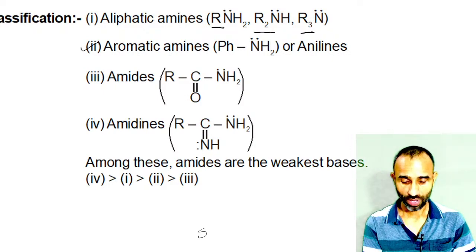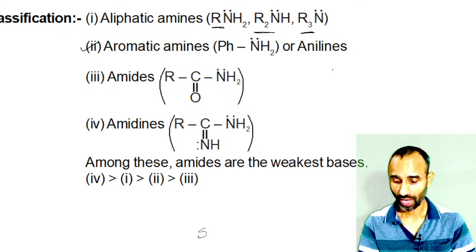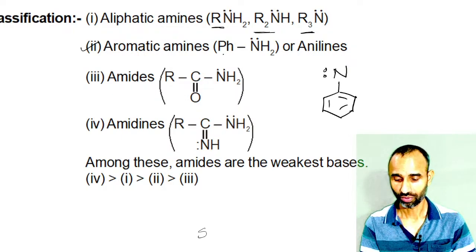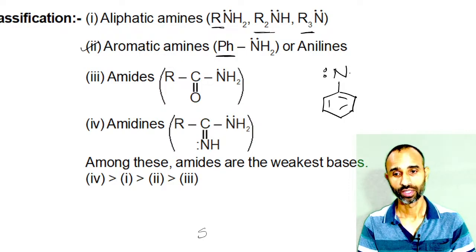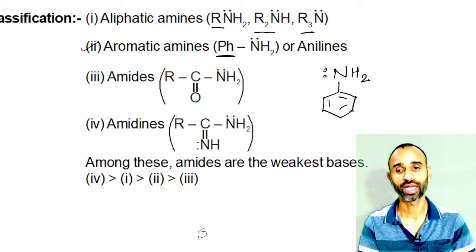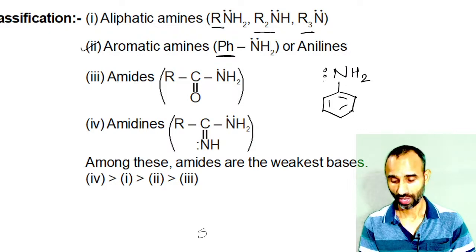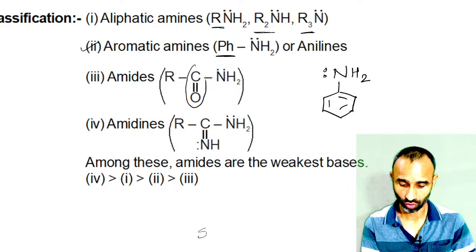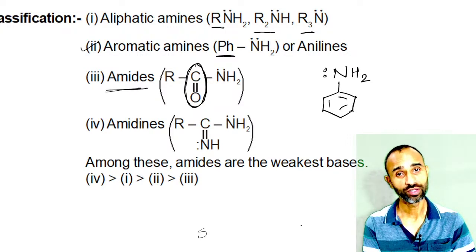Now aromatic amines, if nitrogen of the amine is directly attached to the ring, Ph means phenyl group, so that is called aniline. If NH2 is attached to CO group first and then alkyl, that is called amide.